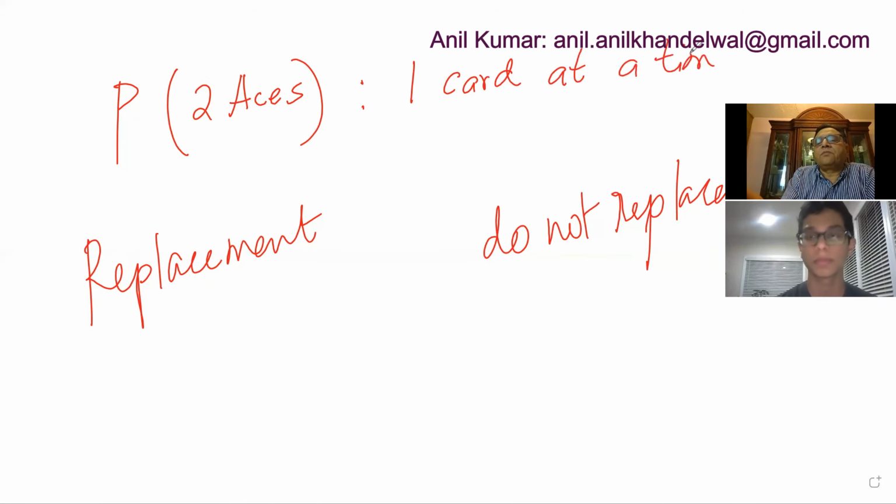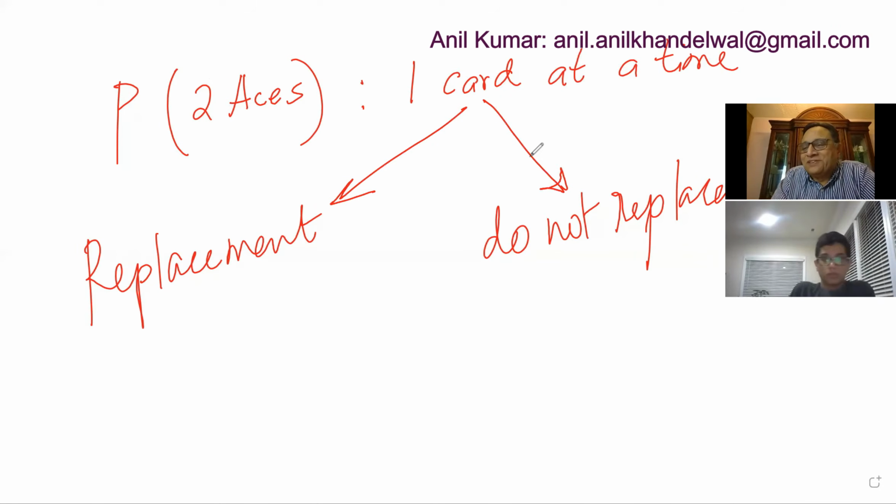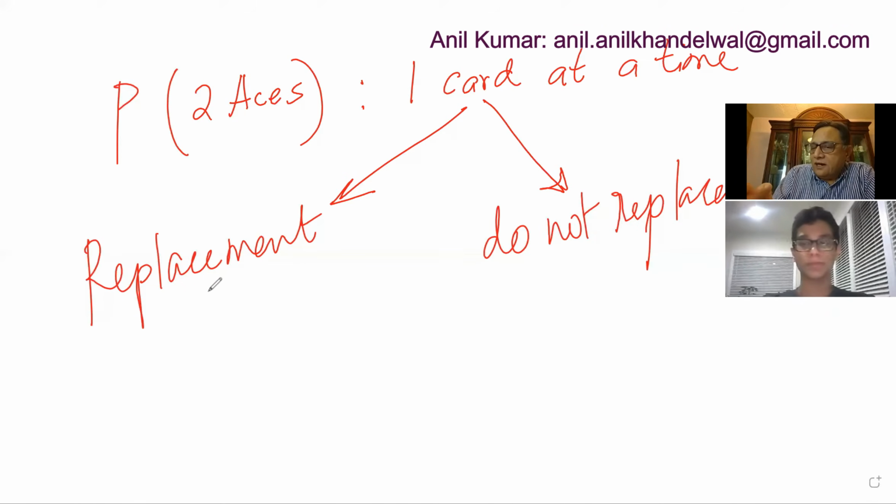Is it okay? Now, in that case, I could do with replacement. I can do without replacement. You get the idea. So let's go with replacement. Replacement means I have drawn a card. Whatever card I've drawn, I'll put it back in the deck and then pull out the next card. You get the idea?